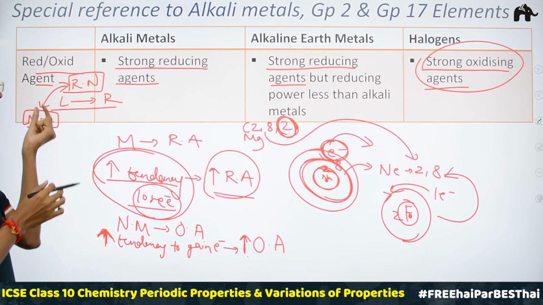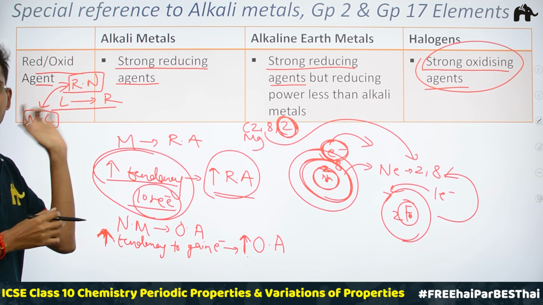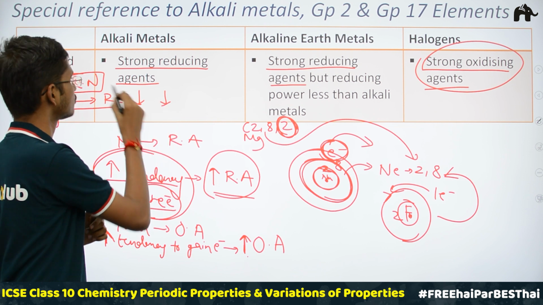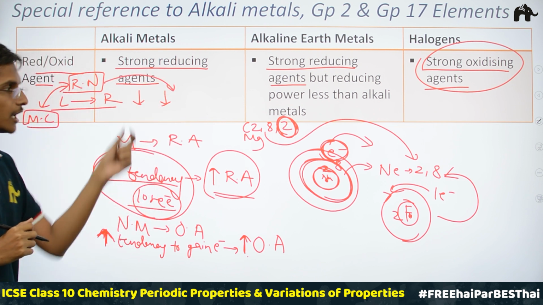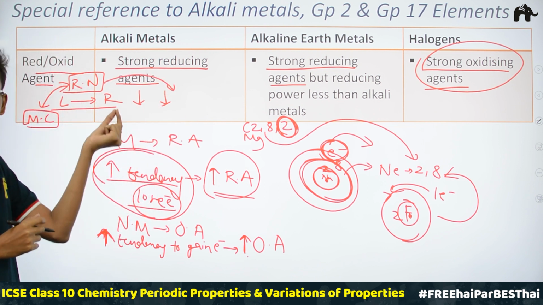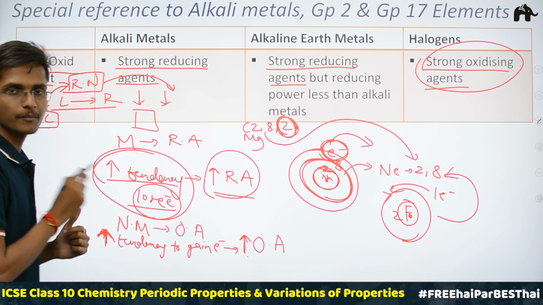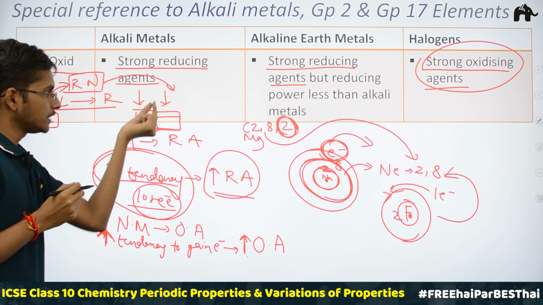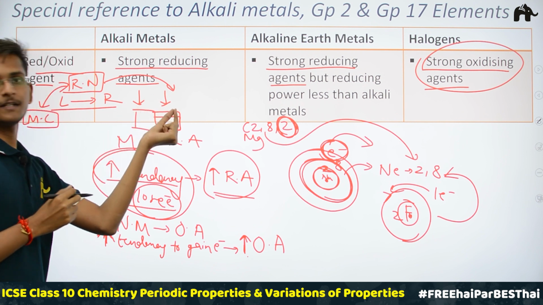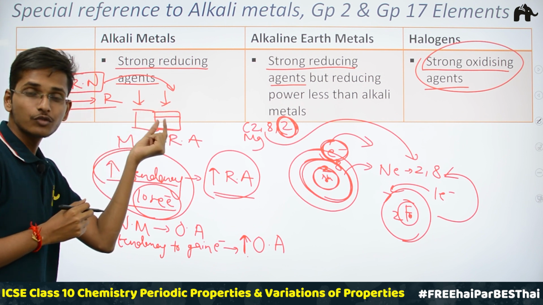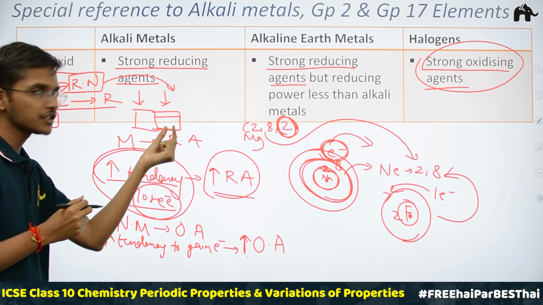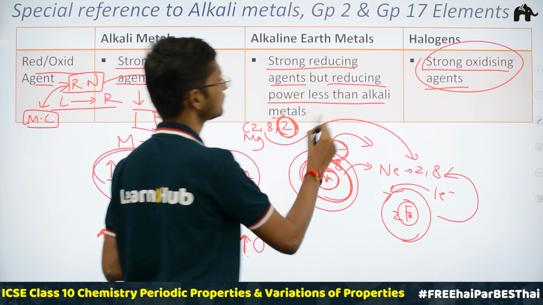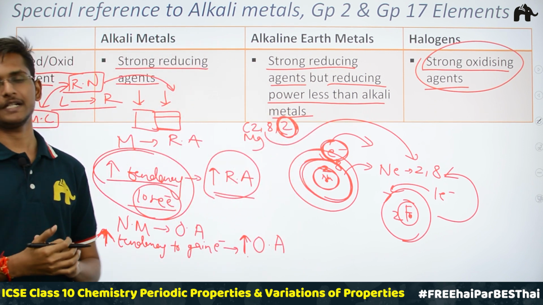From left to right, metallic character decreases, so reducing nature also decreases. Since first alkali metals come, then alkaline earth metals, alkaline earth metals have less reducing nature, and therefore less reducing power, than alkali metals.